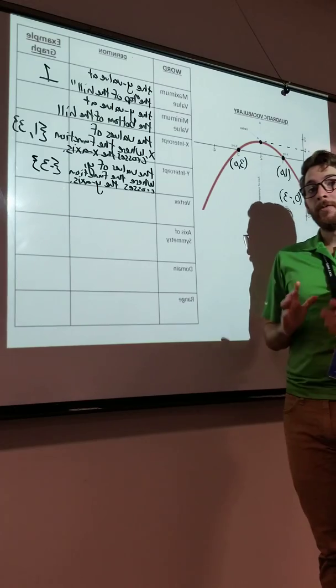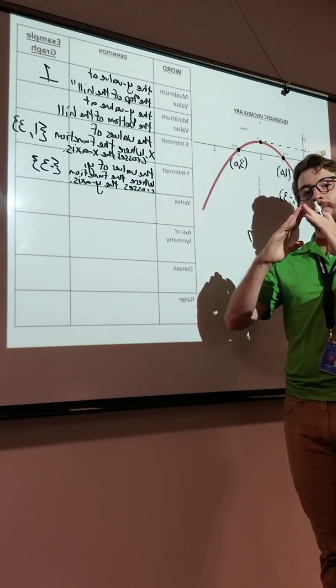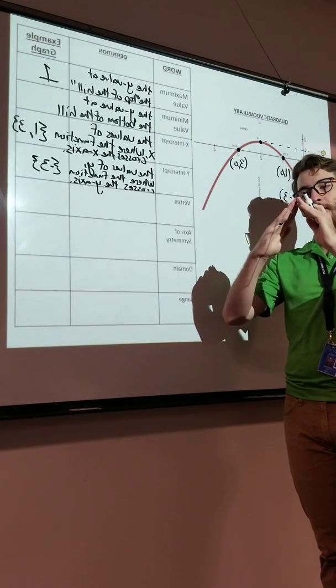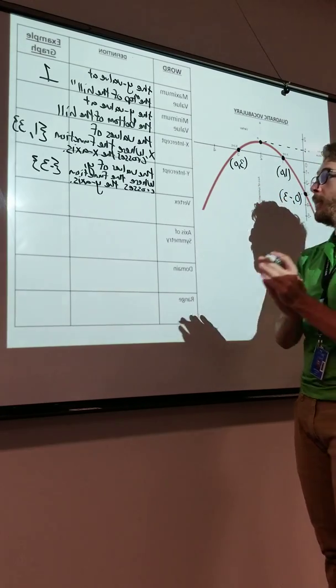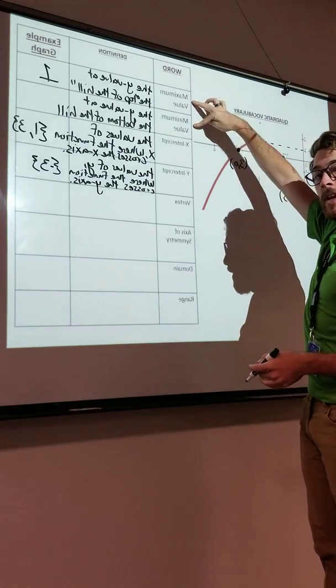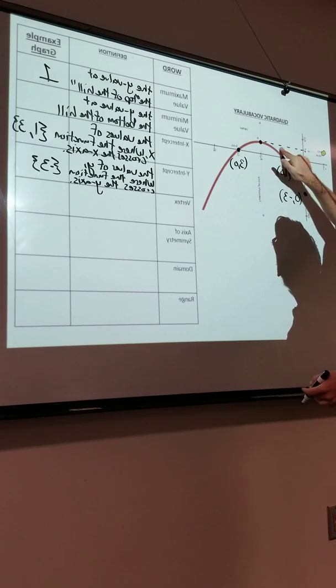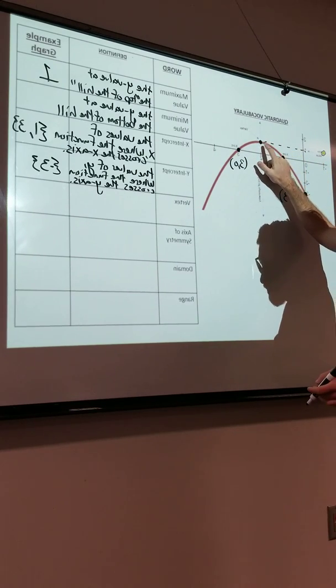Once again, vertex is the exact same as what we did before with the absolute value function, that point at the very top or that point at the very bottom. So in other words, these max and min values can be useful in finding pieces of the vertex. And as you see, the max value here is the y for this vertex.